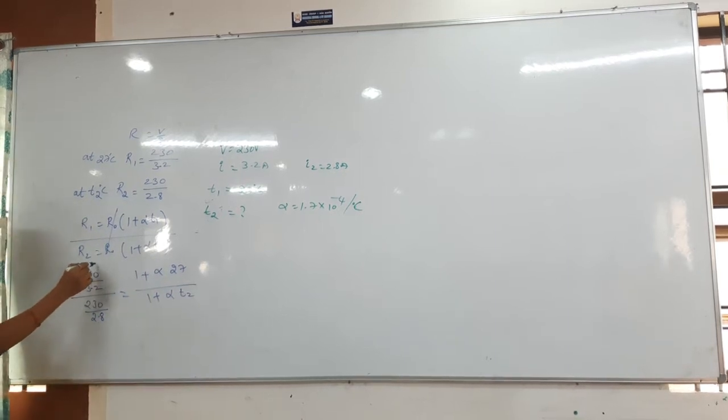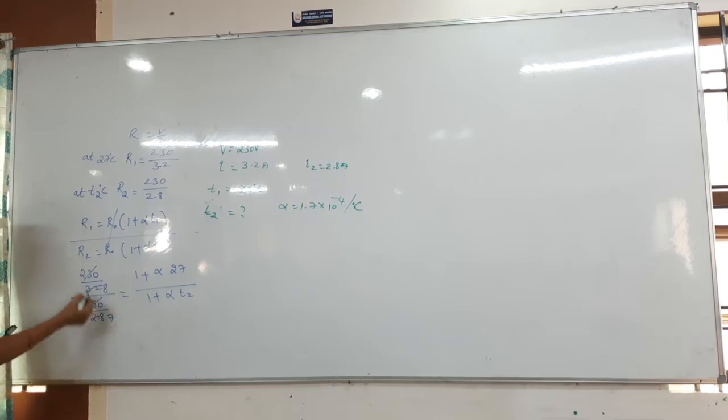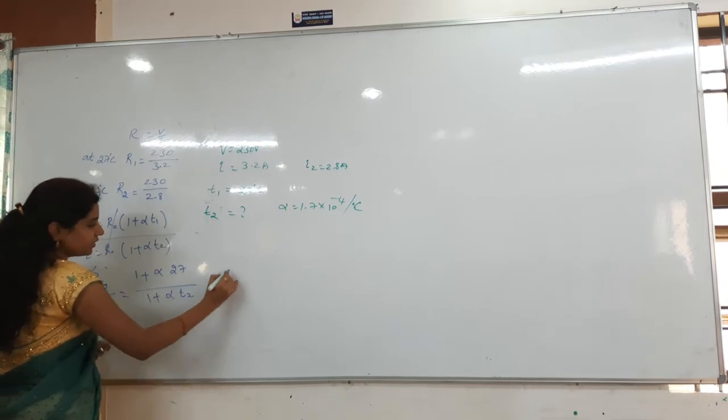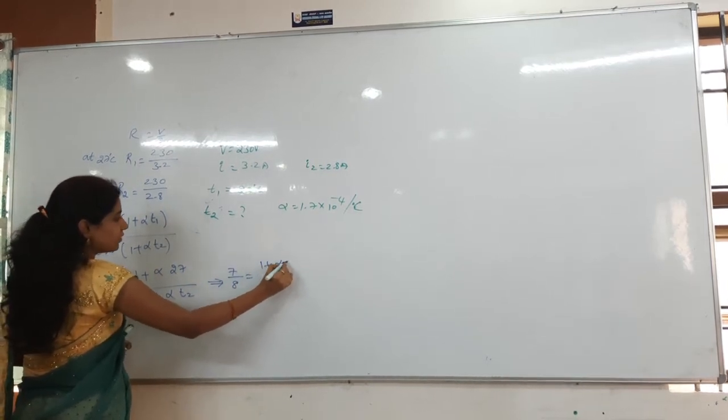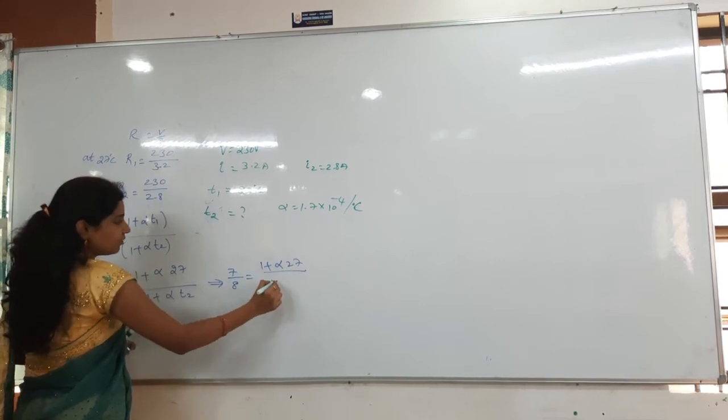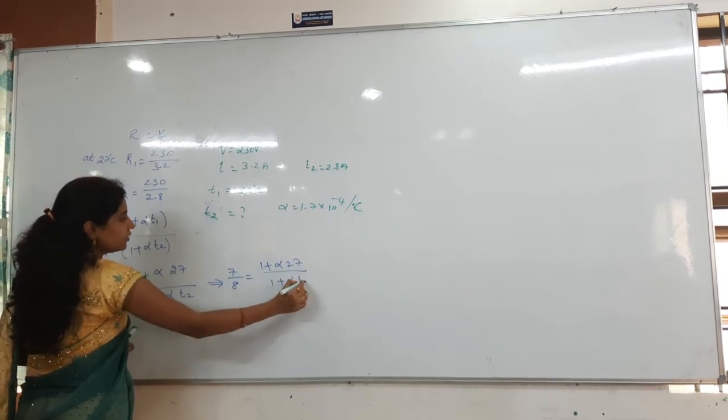The 4 eights and 7s go, and you get 7 by 8. Cross multiplication will be easy. 7 by 8 is equal to (1 plus alpha into 27) by (1 plus alpha into T2).